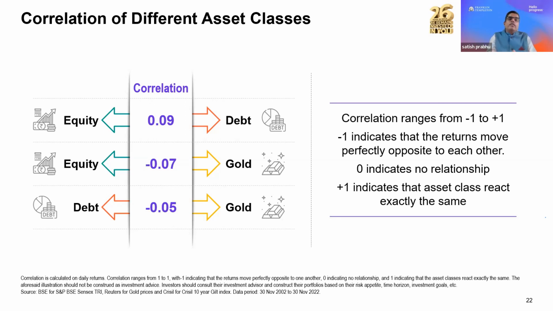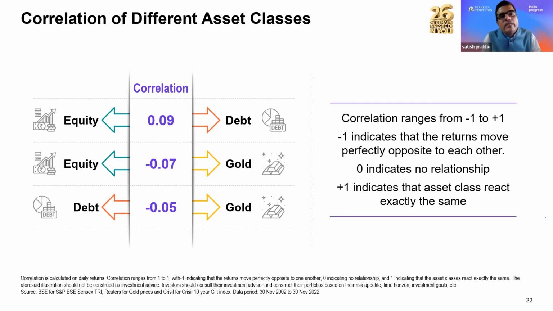But if you tell me that you have invested in equity and debt, where the correlation is very low, 0.09, then I will say yes, it's a good asset allocation. The horoscopes are matching. If you bring me equity and gold, it is even better because the correlation is negative.